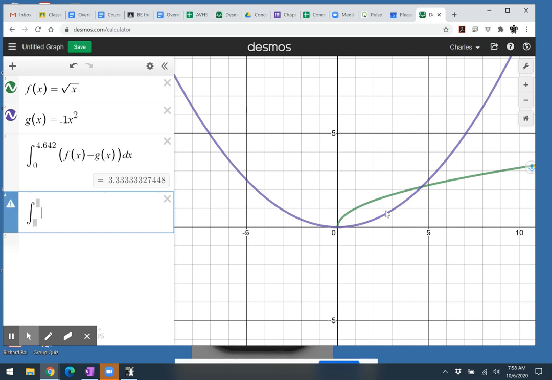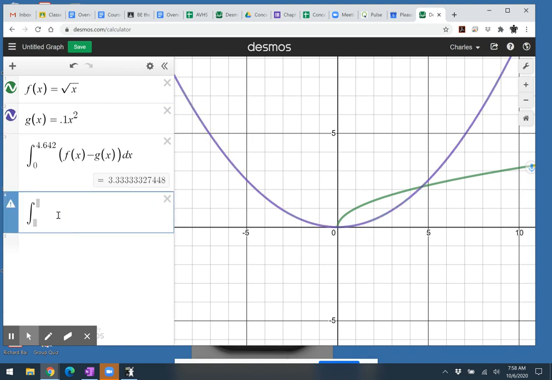So now if I'm thinking of what is this going to look like when I do horizontal rectangles, well, it's this parabola that's on the outside. Okay, so that's going to be the bigger value.